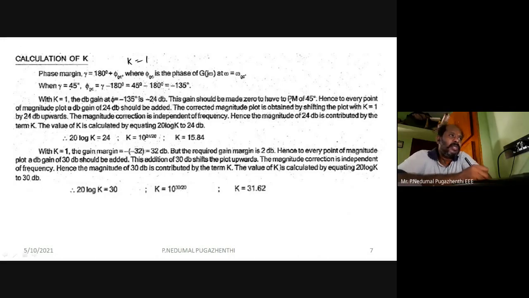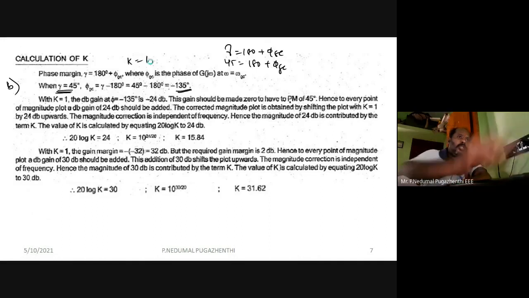But I am given the k value when gamma is equal to 45 degrees in the subdivision B part. So I substitute that in my phase margin formula, 180 plus phi of gc. This gamma is provided as 45. So I am supposed to know what is my phi of gc. I am getting minus 135 degrees. So I go to the problem.